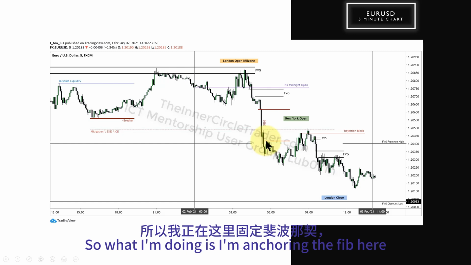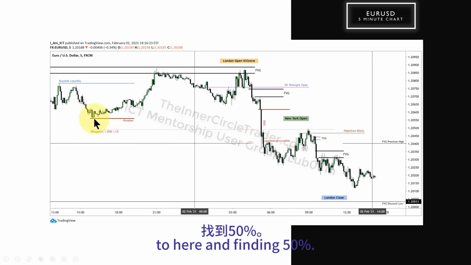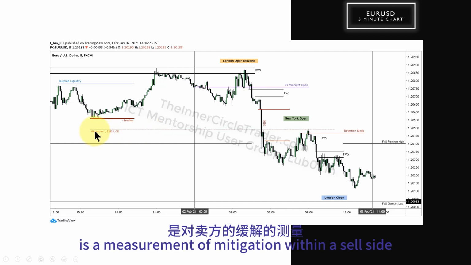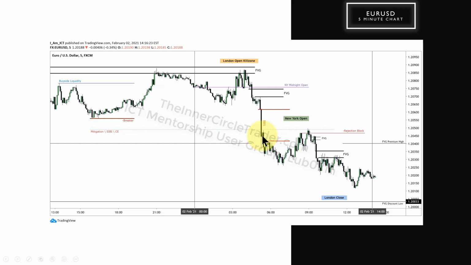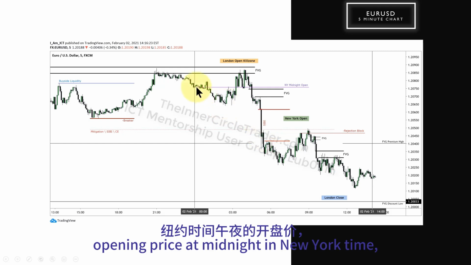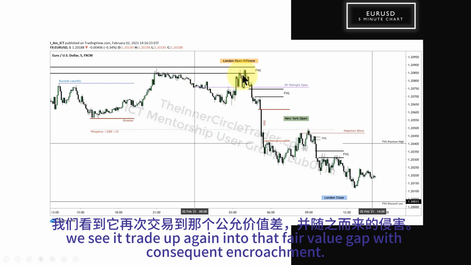I'm anchoring the fib here to here and finding 50%. This is a measurement of mitigation within a sell side imbalance, buy side inefficiency, and consequent encroachment of the sell side imbalance. Okay, the opening price at midnight New York time, we see it trade up again into that fair value gap with consequent encroachment.